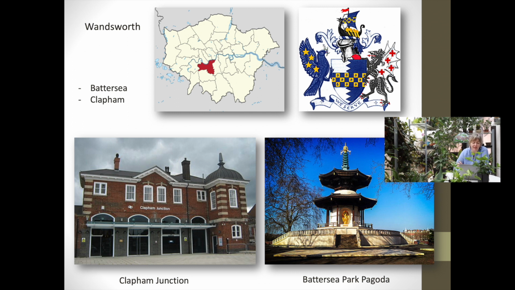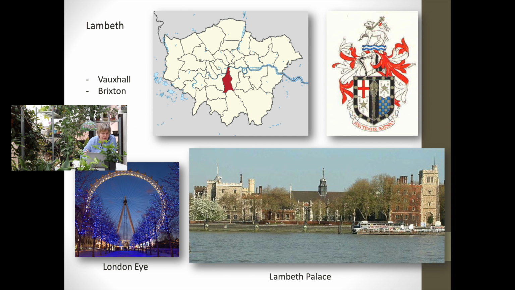So that's it. Lambeth. Across the river, so we cross the River Thames to go to Wandsworth, from Hammersmith and Fulham to go to Wandsworth, and then we are still on the southern bank of the River Thames, in the borough of Lambeth. Two places you may recall from history, Vauxhall and Brixton.